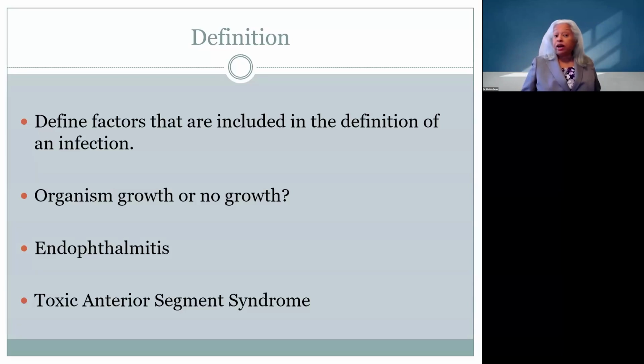And sometimes you have growth of organisms, sometimes you have no growth. So what are you going to study? What are you going to include in your definition of an infection? And we're going to go on why it's important to include both your no growths as well as the growth of organism, especially in the field of ophthalmology.